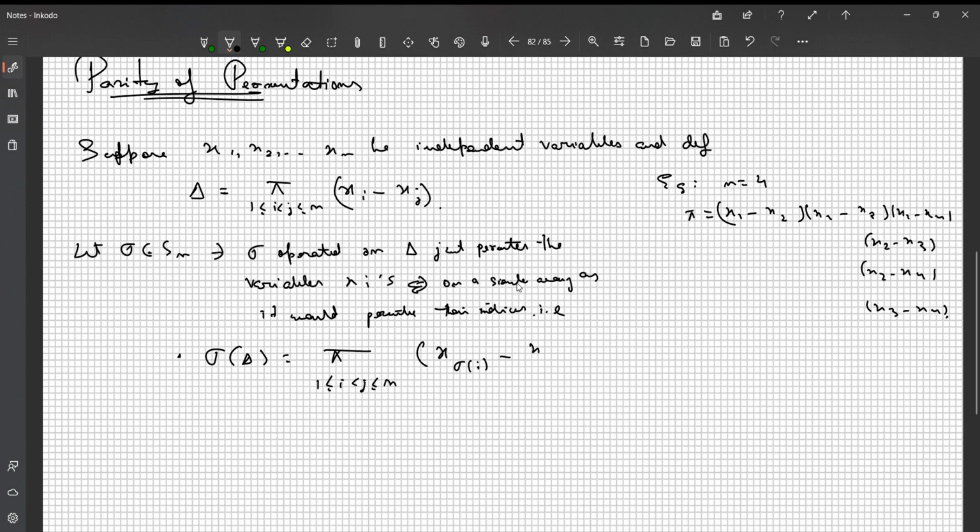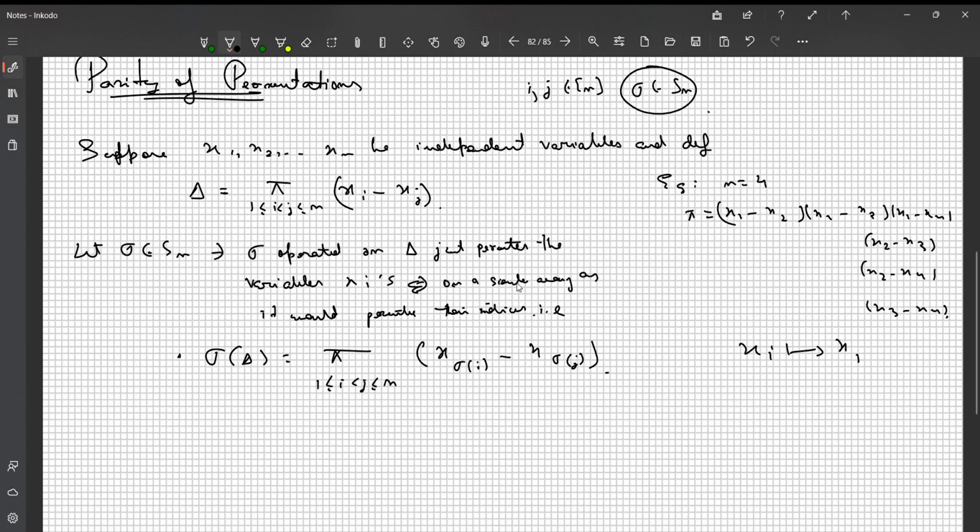That is, sigma delta is nothing but the product over 1 less than or equal to i less than j less than or equal to n of (x of sigma i minus x of sigma j). Now obviously i and j are from 1 to n, which is pretty trivial to notice, and so sigma just permutes.